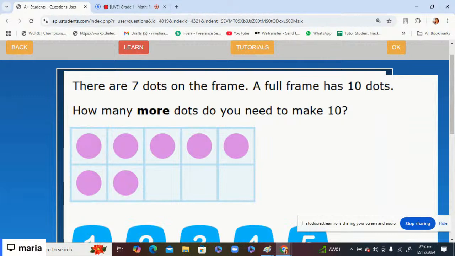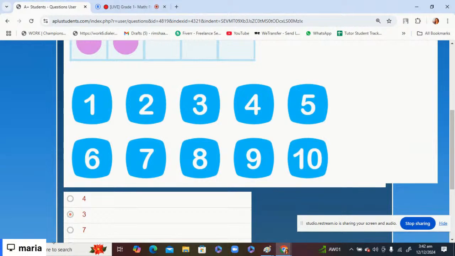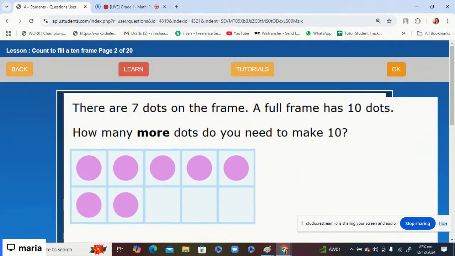And how many more dots do you need to put? 3. Very good. This is the right answer.